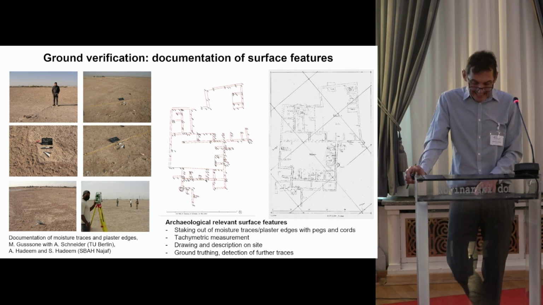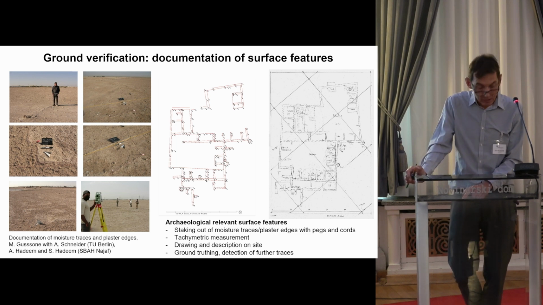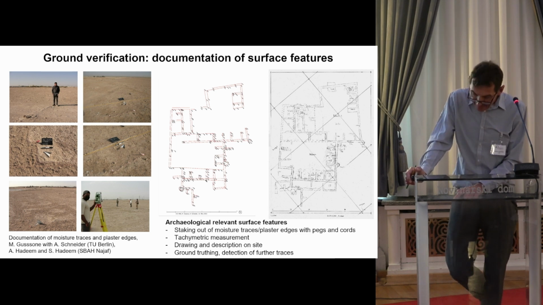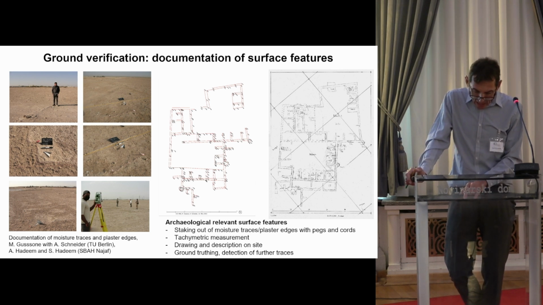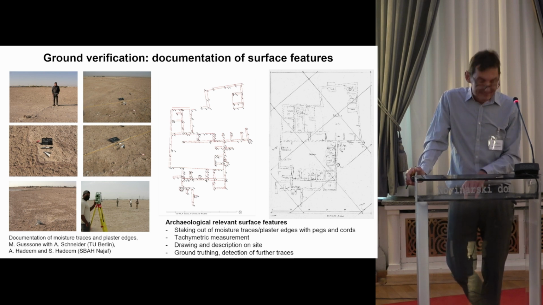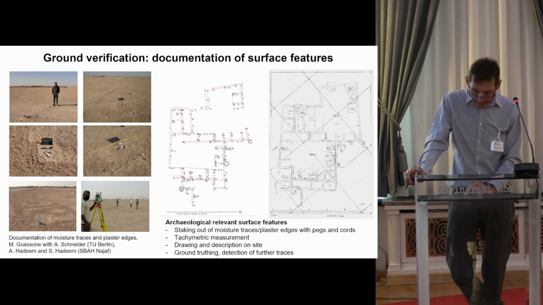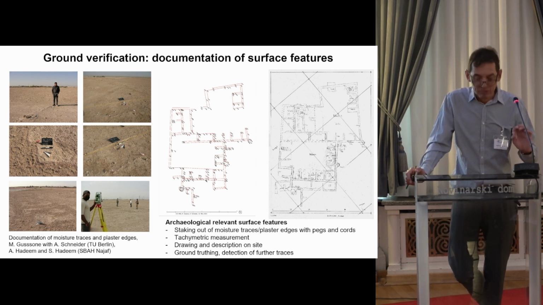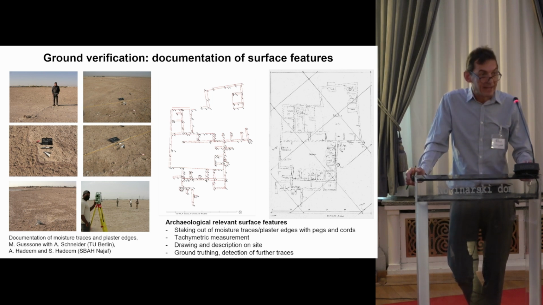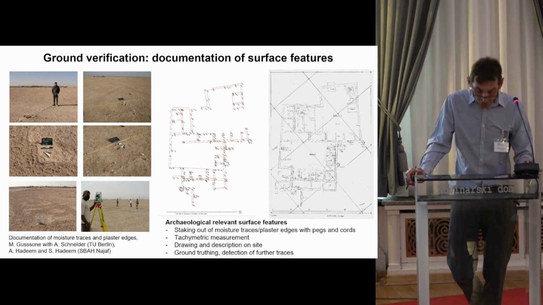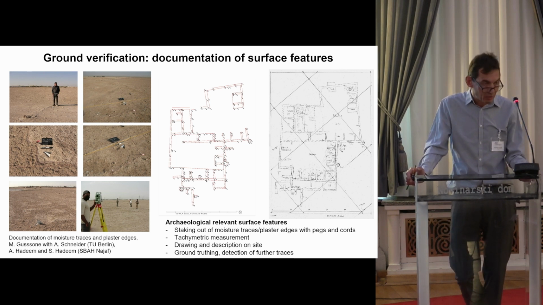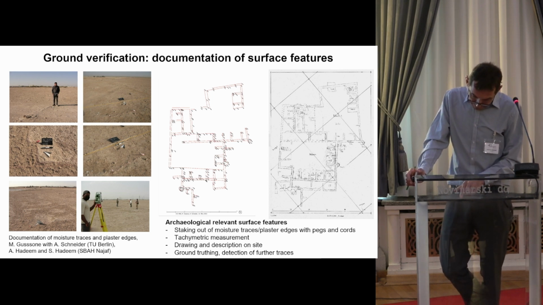Therefore, on-site inspection and a precise knowledge of the terrain are also in our project absolutely essential for analyzing remote sensing data regarding the identification of settlement formations, through the process of staking out and marking features such as soil marks or plaster edges, as we have no crop marks, of course, in the field.